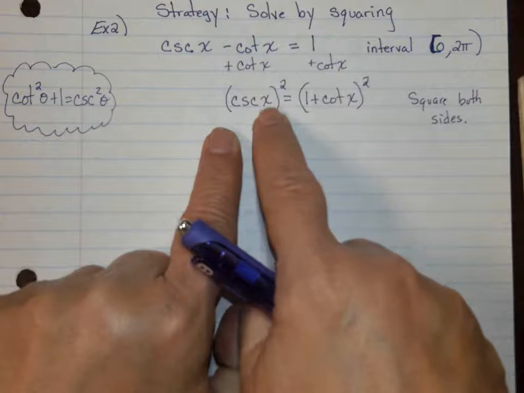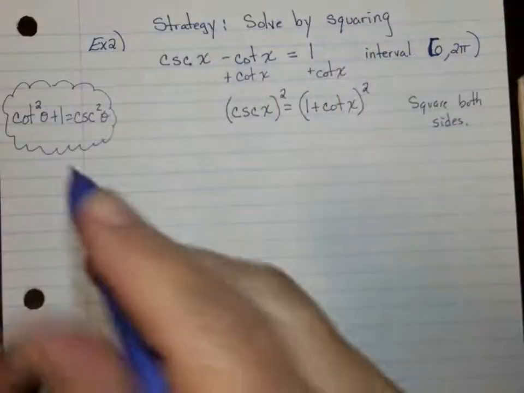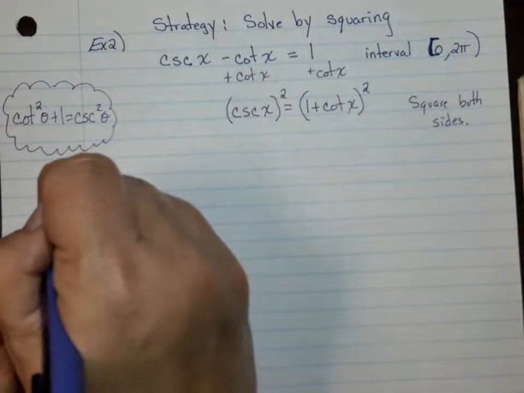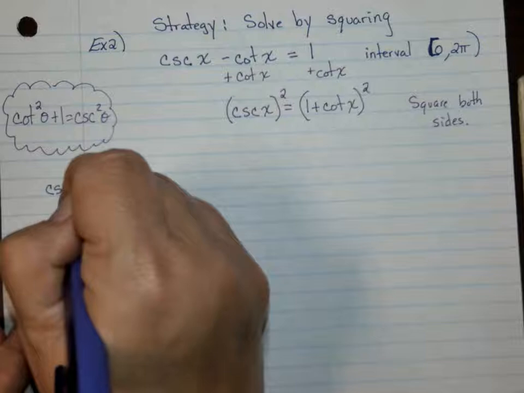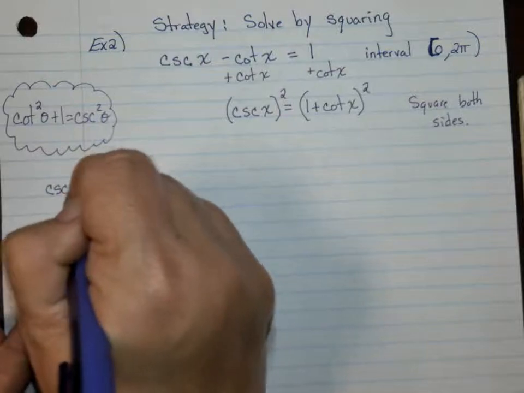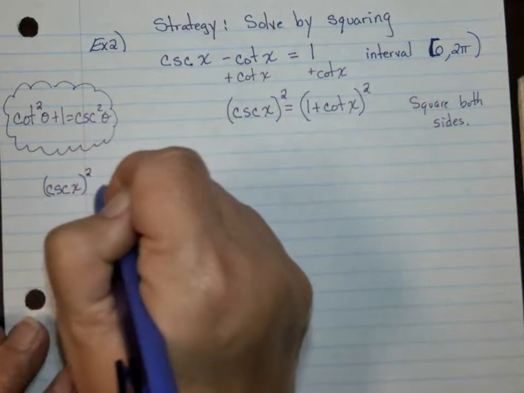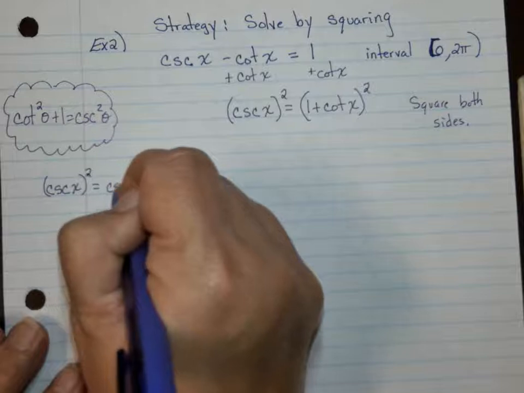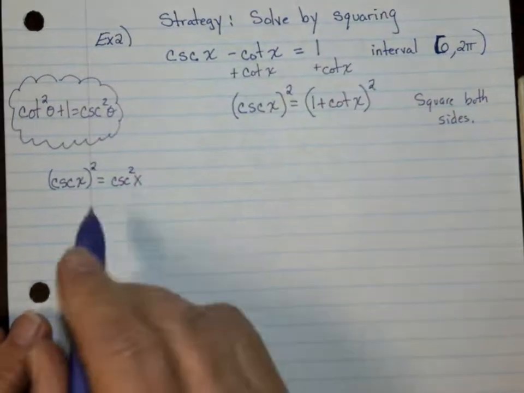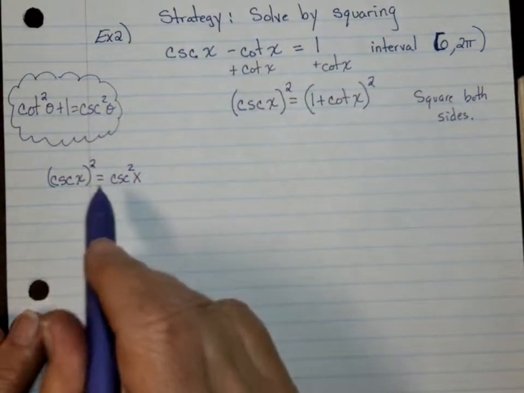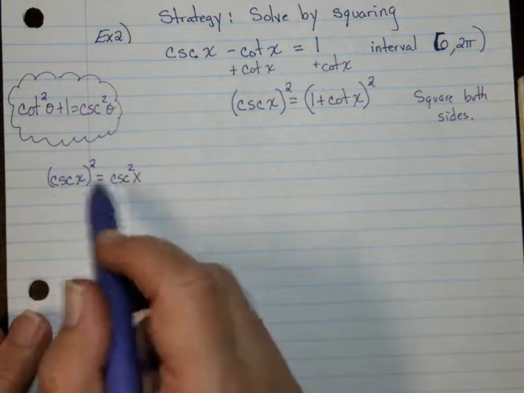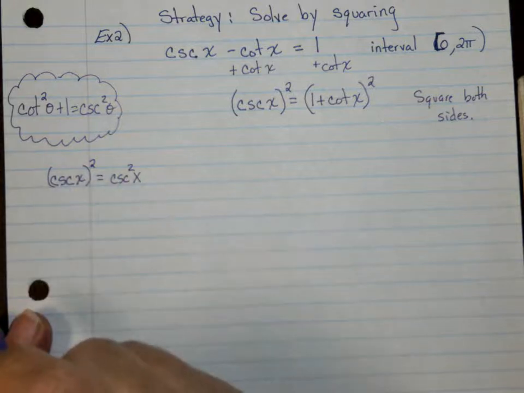Okay, cosecant of x squared, let's make sure we all understand this notation. Cosecant of x, like this being squared, is the same thing as cosecant squared x. These two things mean the same thing. It means the entire cosecant being squared, not just the x.